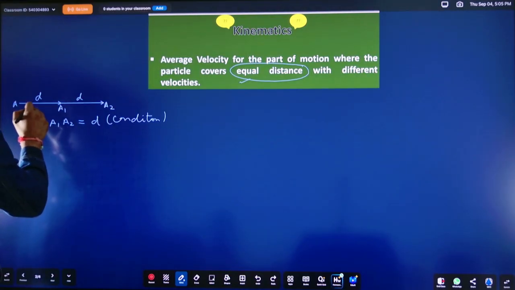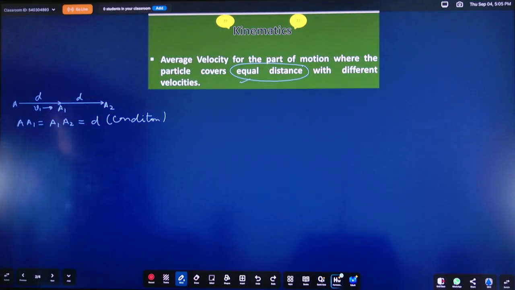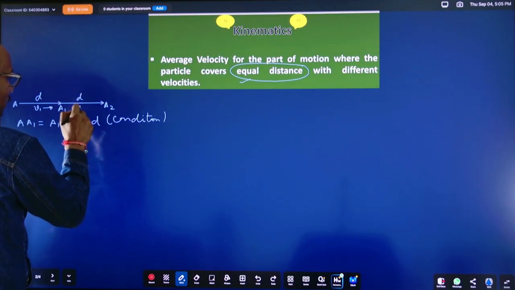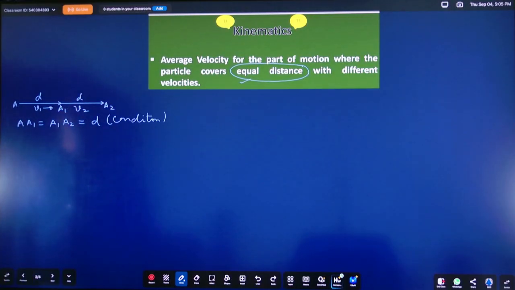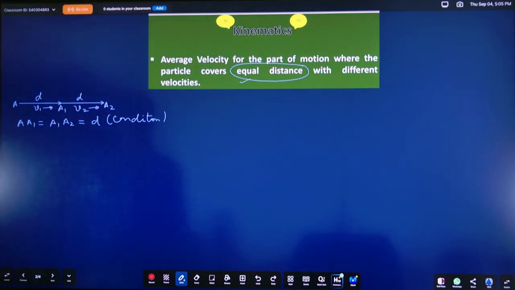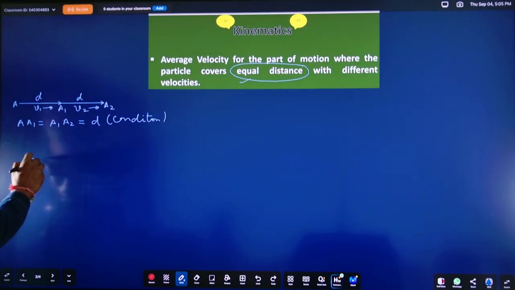From A to A1, the particle was going with velocity v1. From A1 to A2, particle was going with constant velocity v2. So what will be your average velocity?